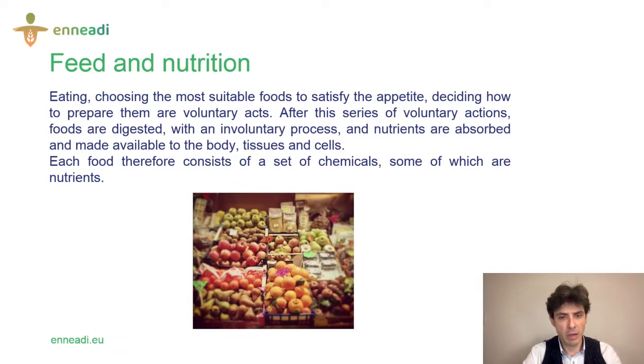If we look at the picture here, we have some foods: pasta, fruits, vegetables. All these foods are composed of different nutrients. We will call them water, carbohydrates, lipids, proteins, minerals, and vitamins, but they are the components of the food.